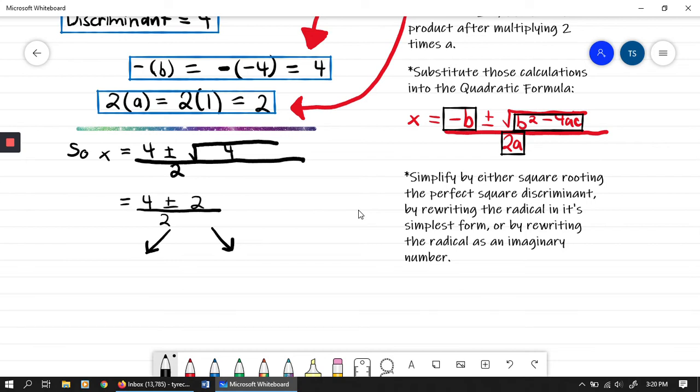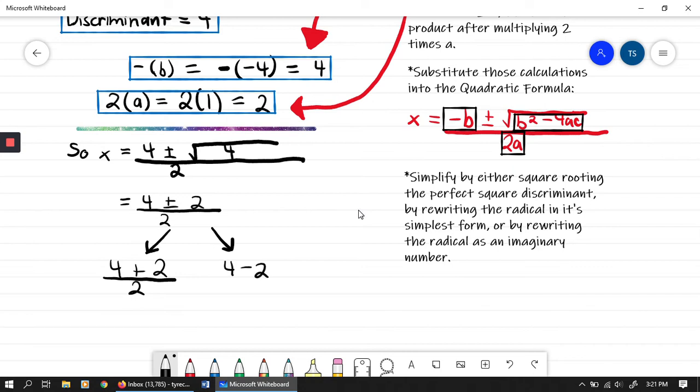These are all rational numbers. None of these numbers are irrational. This expression here is written fairly simply. It doesn't have a square root in it anymore, so we can simplify further.